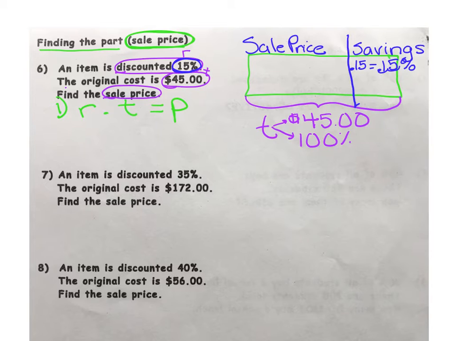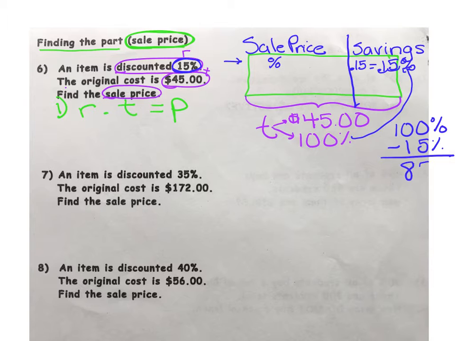As far as the sale price goes, we know that that's a percentage rate too. Well, think about it. If the entire bar is 100% and now 15% has been assigned to this part of the bar, if we take 100% minus 15%, we're left over with 85%.